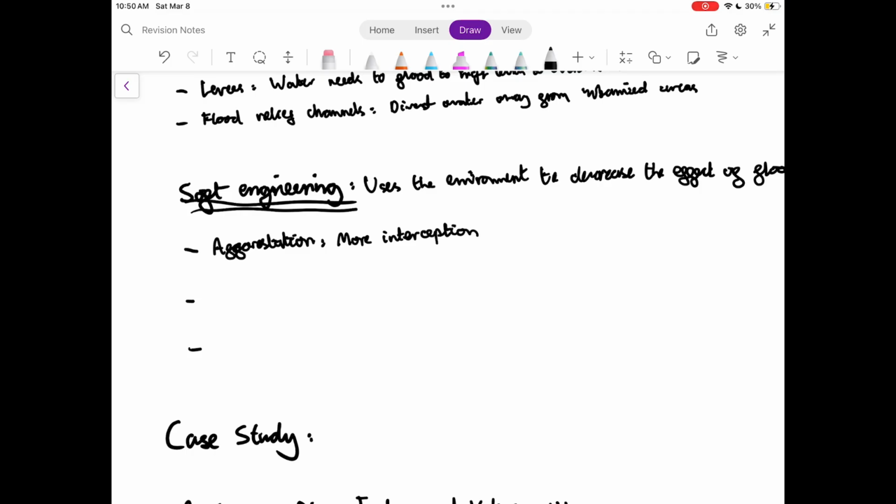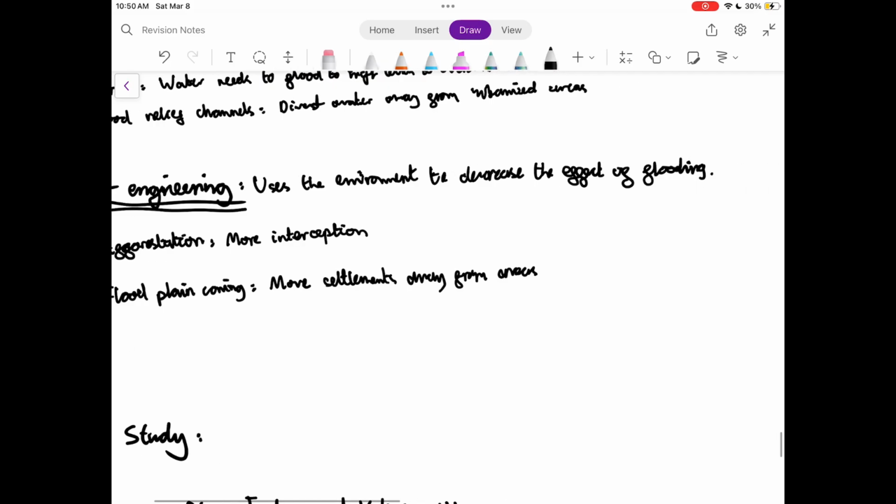The second thing you can do is floodplain zoning. And what this is, is to move settlements away from areas that are likely to flood. So this decreases the effect on humans.